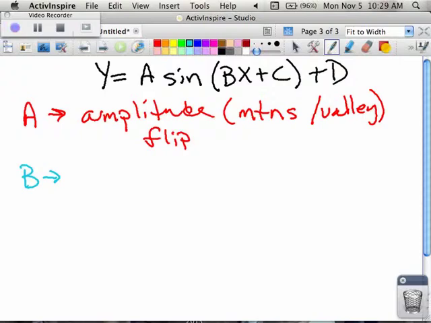What did the B affect? Jennifer. The cycle speed I would take or the period. So you can say either one, your cycle or your period. Either one. They use both words for that.